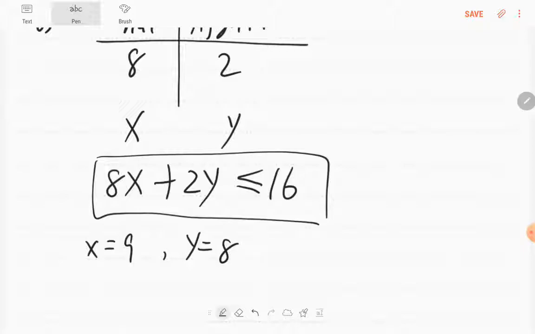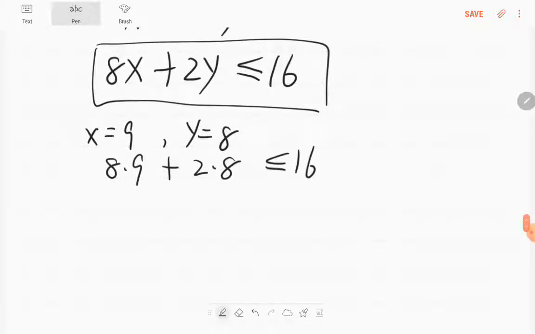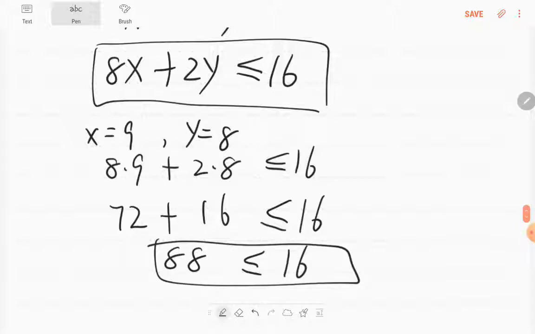So we just plug in 8 times 9 plus 2 times 8 should be less than or equal to 16. This is 72, and this would be 16, so you have 88 less than or equal to 16. So this is not true. So the answer is no.